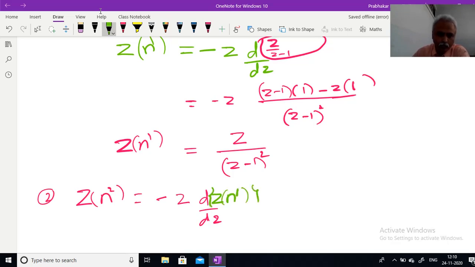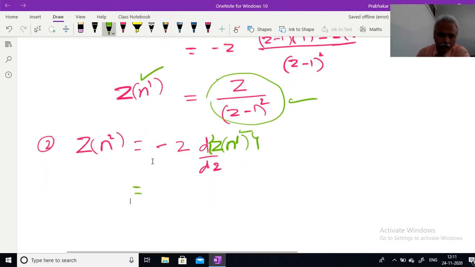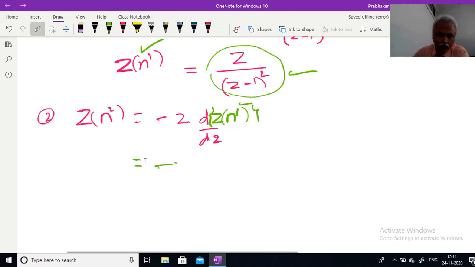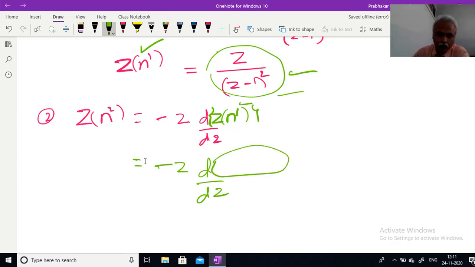Now Z transform of n raised to 1 is here, so you have to substitute this here. So let us write that: minus z d by dz of z by z minus 1 whole square.